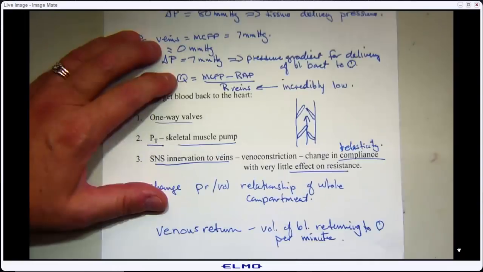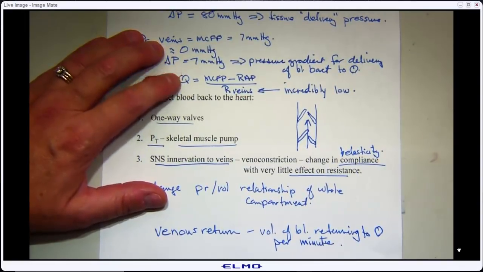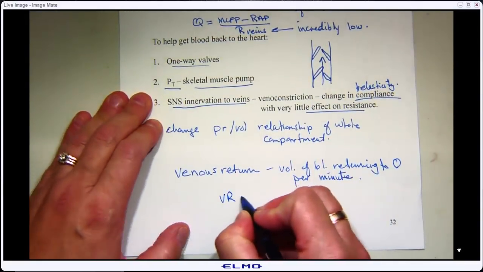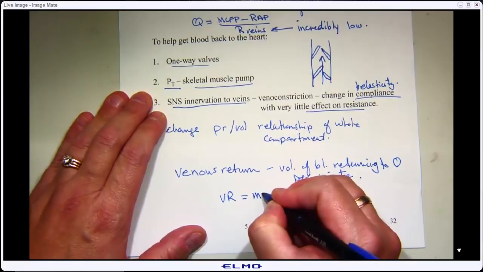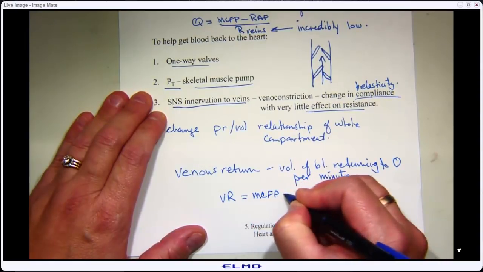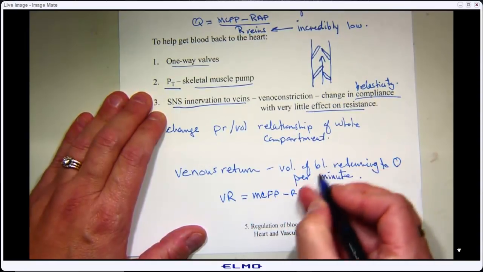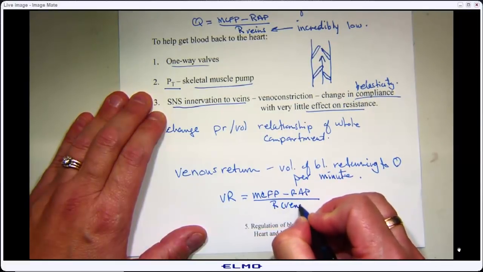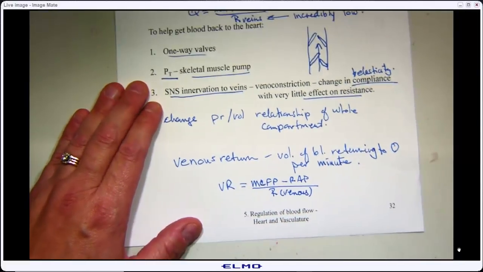All right, it's just this equation, this relationship, right? So venous return is going to be equal to whatever mean circulatory filling pressure is, and right atrial pressure. And it's going to be inversely proportional to resistance in the veins.